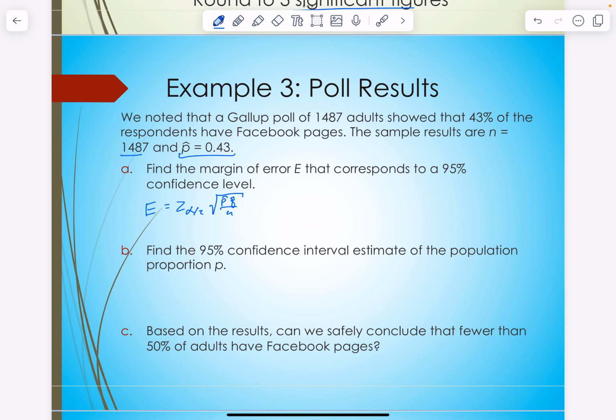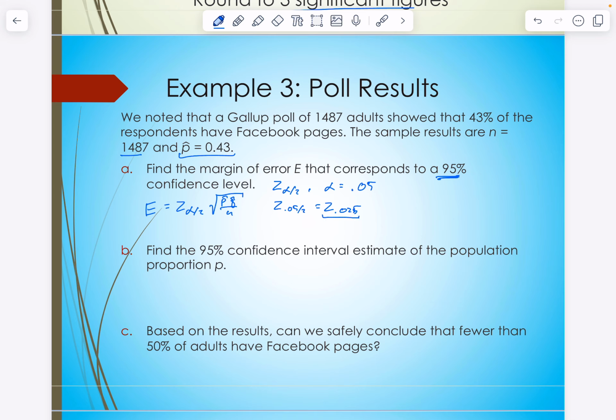Let's start with z alpha over 2. Well, alpha equals 0.05. I know that because it's a 95% confidence interval. So now I need to find z of 0.05 over 2, which is z of 0.025. Recall, we already found this value.